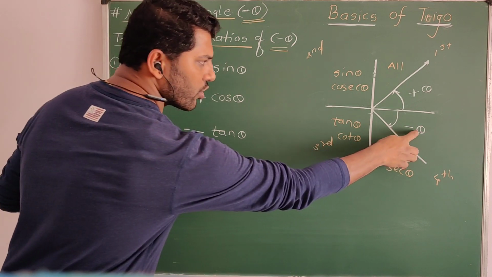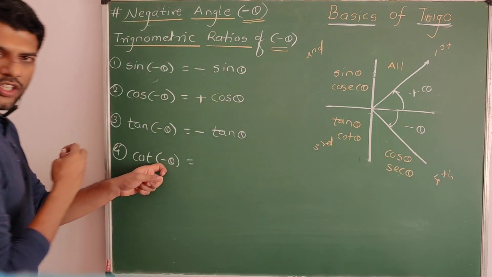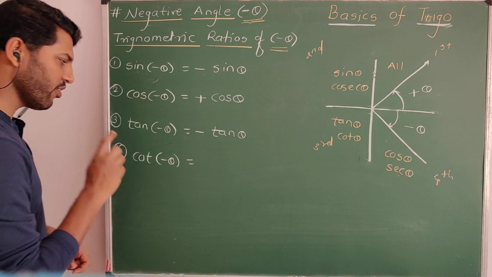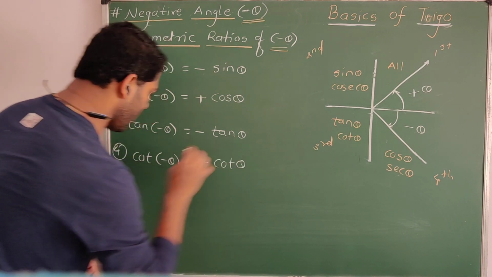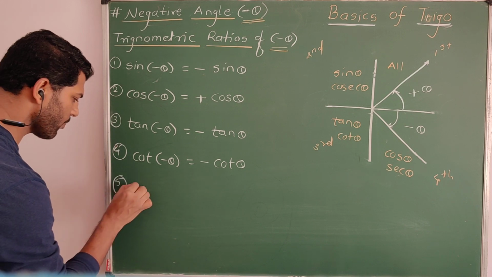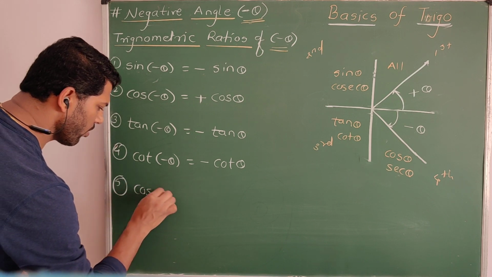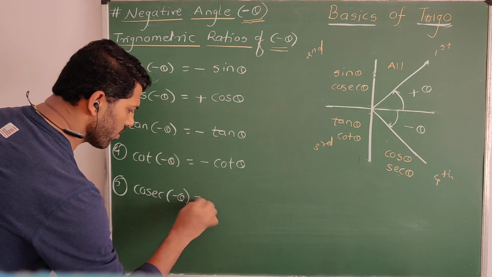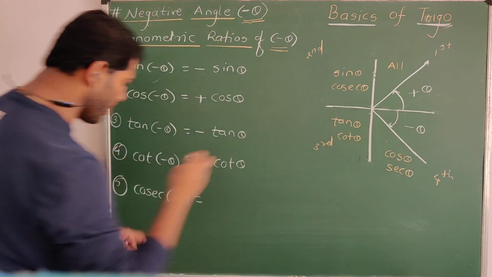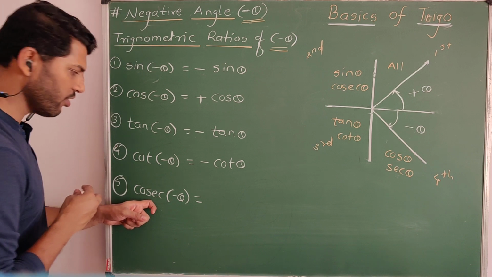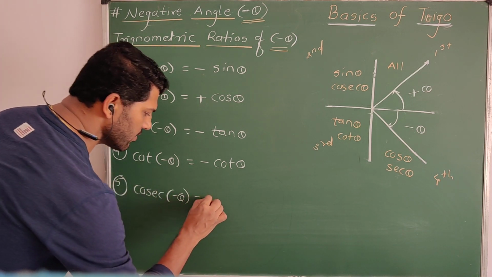Minus theta, fourth quadrant, cos and sec positive, cot is negative. So the answer is minus cot theta. The fifth one is cosec of minus theta. Once again, minus theta, fourth quadrant, cos and sec positive, cosec is negative.